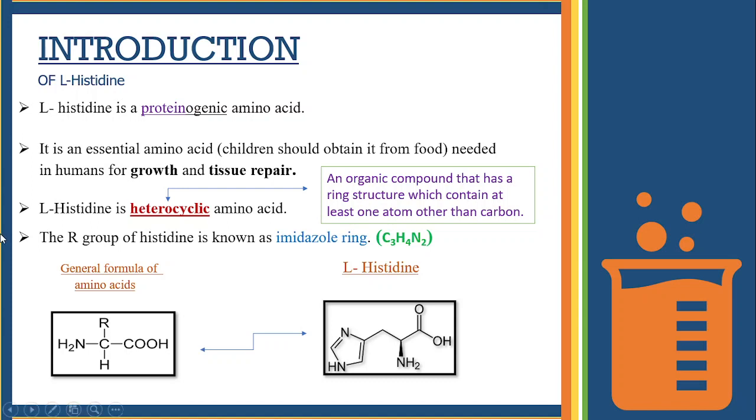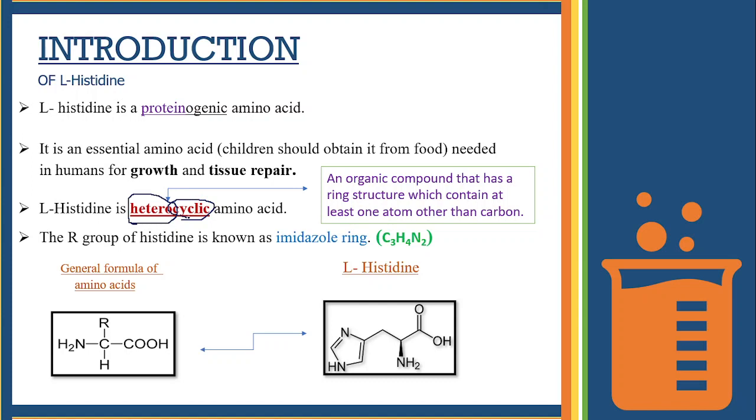Okay, next, heterocyclic. In the light of chemistry, if we want to discuss what L-Histidine is, it is basically a heterocyclic amino acid. As the word itself indicates, hetero means different and cyclic means ring.